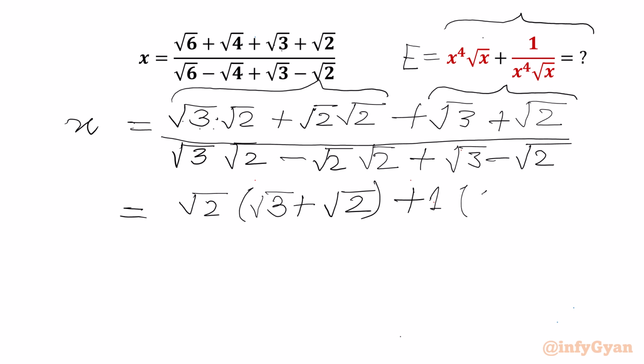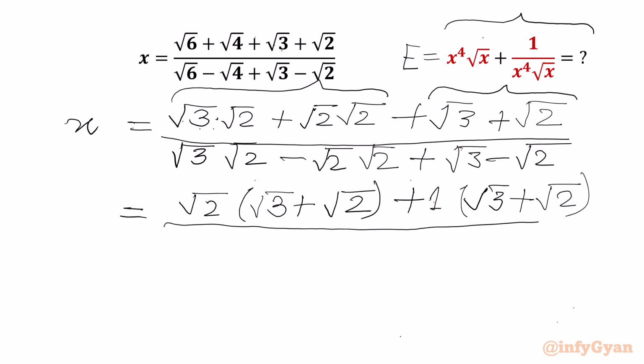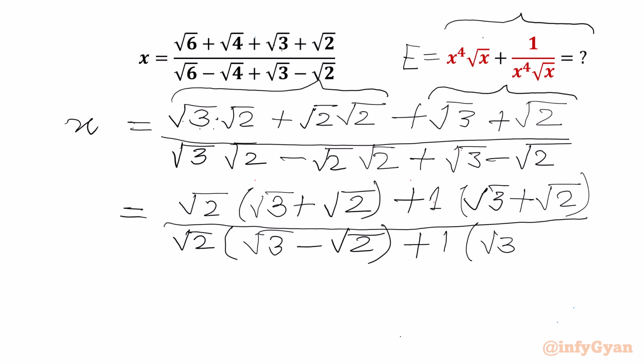So in the bracket, we will get root 3 plus root 2 over root 2 is common from the first two. We will get root 3 minus root 2 in the bracket, and from the last two terms, we will take 1 common. We will get root 3 minus root 2 in the bracket.